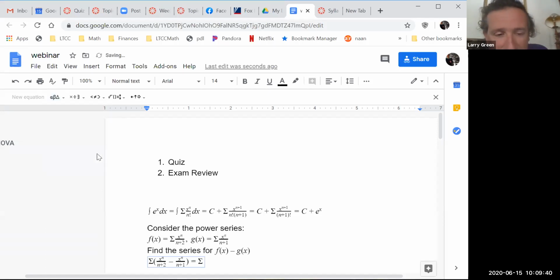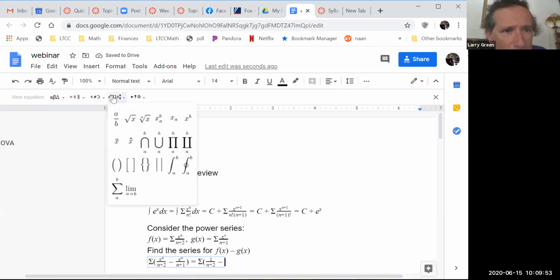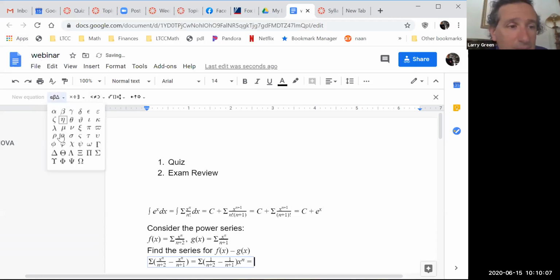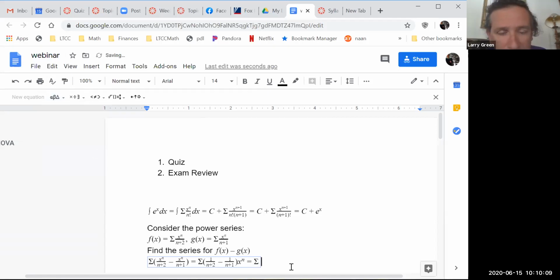So summation of, parenthesis, 1 over n plus 2 minus 1 over n plus 1, x to the n. And if you want, you could pretty it up and you can write that as a summation of a fraction.